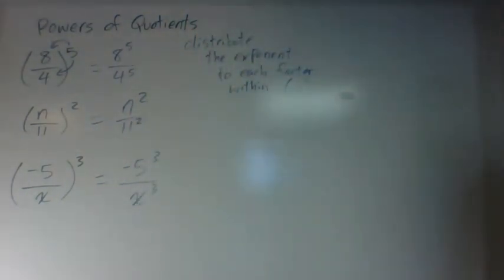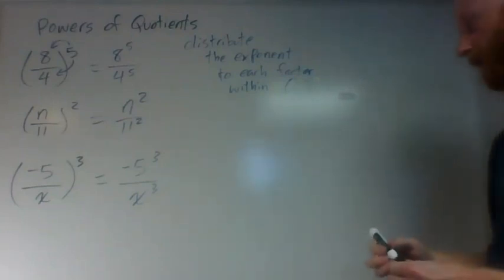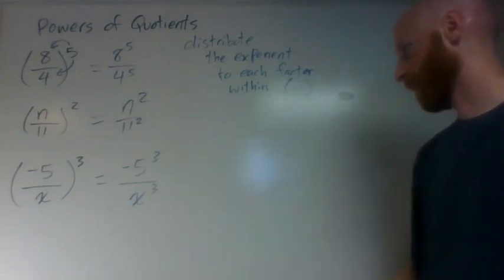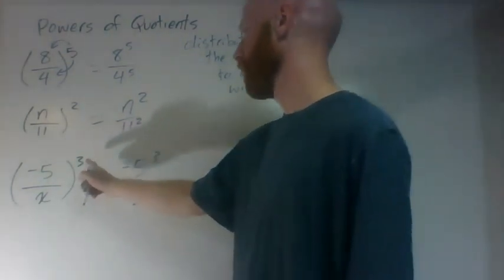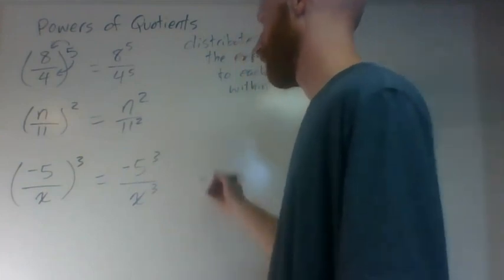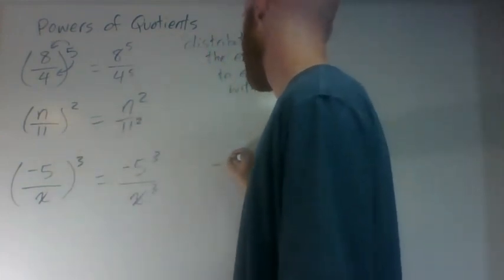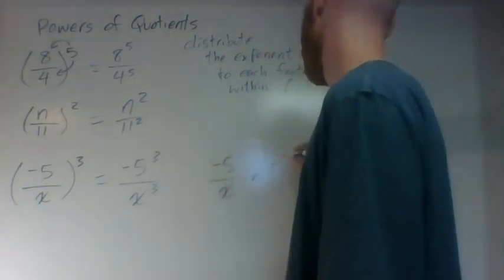We'll go with the one in the center. Or let's go with the bottom one, since it's got that negative situation that we can remind ourselves of. Okay, so definition of exponent: what's inside of this parentheses gets multiplied by itself 3 times.